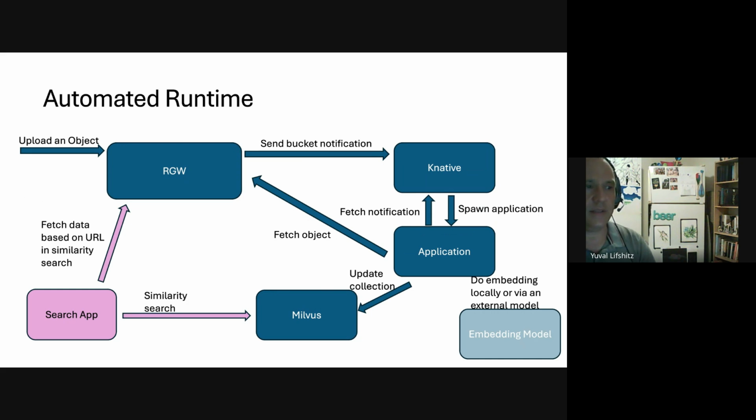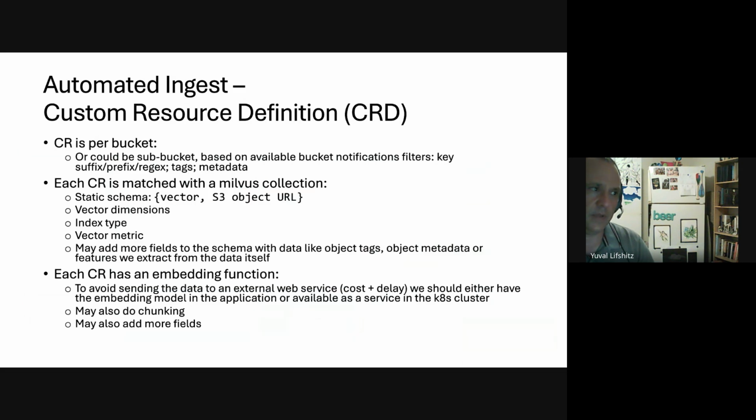It gets the pointer to where the actual information is, and then it can fetch it from the RGW that stores the information. So we'll see that later on, but when I say update the collection, I'm not going to actually put the object inside Milvus. The only thing I'm going to put in Milvus is a pointer to where the data is in the RGW. So that's to solve the data duplication issue.